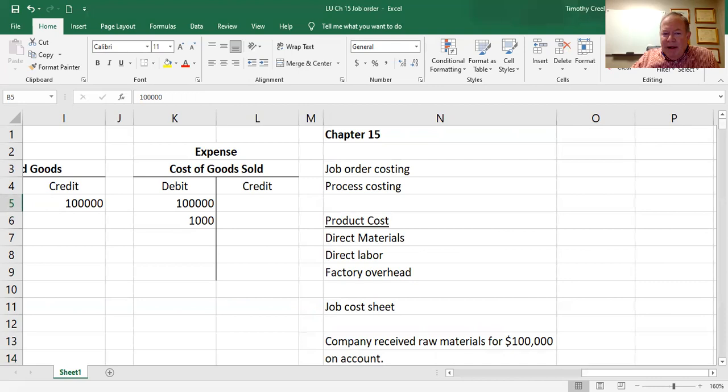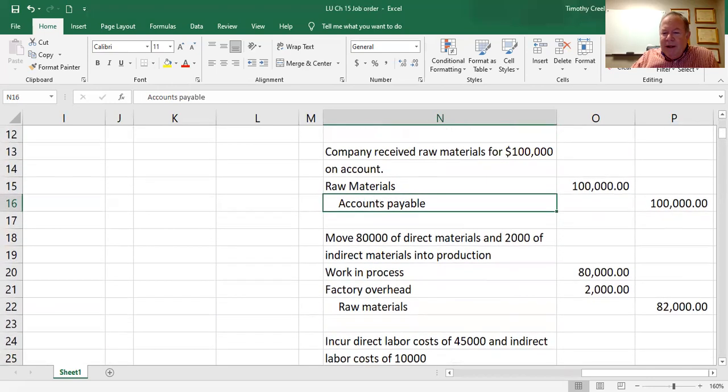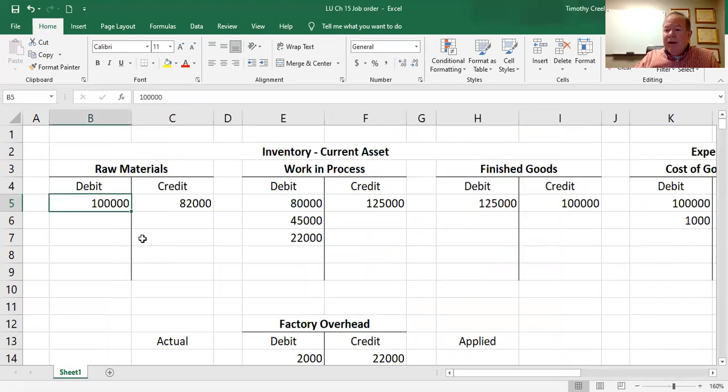So it would end up being a debit to raw materials and a credit to accounts payable. And you'll notice all the way through here as we go, that if it goes into an area or increases an area, you debit it. If it leaves an area or decreases an area, you credit that account. And that's the same true for all of these. So we notice we've got a debit to raw materials for 100,000.